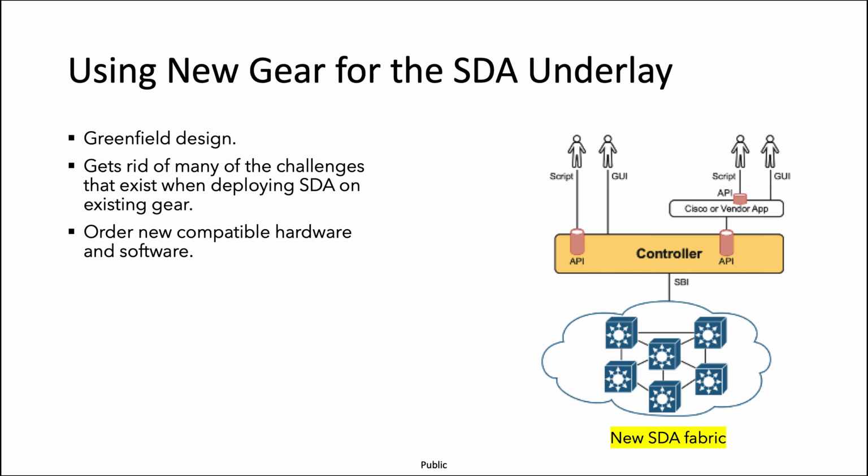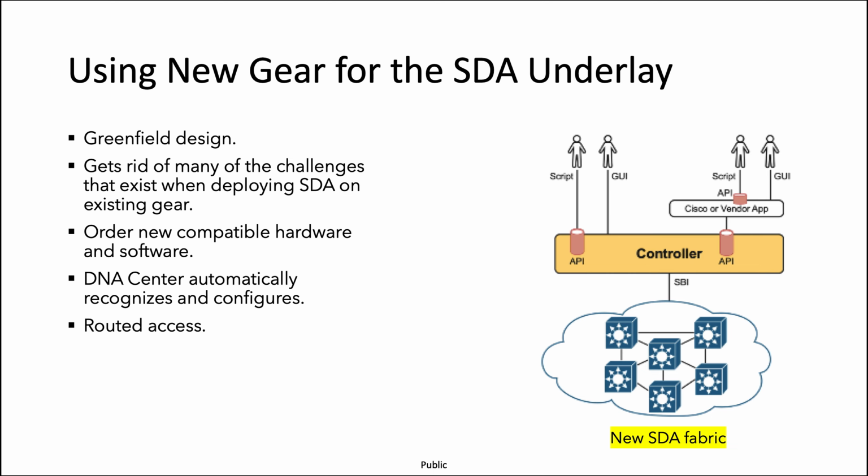DNA Center can automatically configure all the underlay features required. The advantage of getting new devices is that DNA Center automatically recognizes and configures them. Basically, instead of switching, we are using routing in routed access. And with DNA Center, this can be configured automatically for SDA underlay.